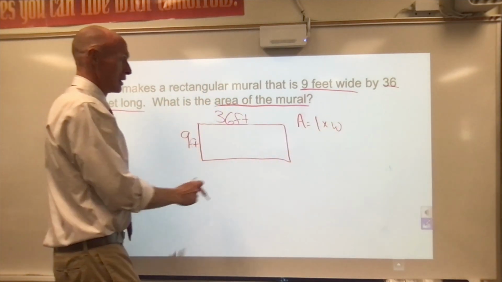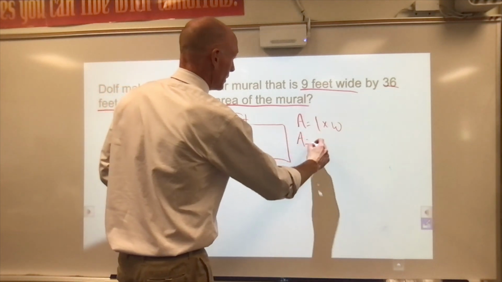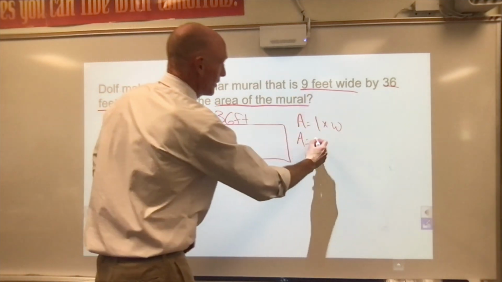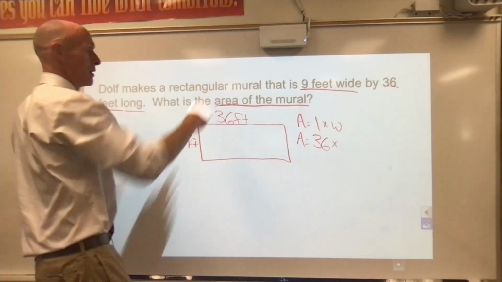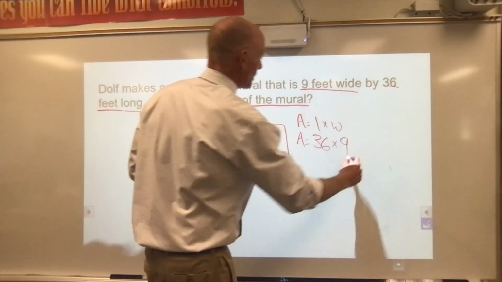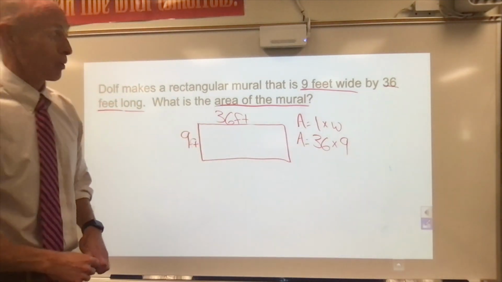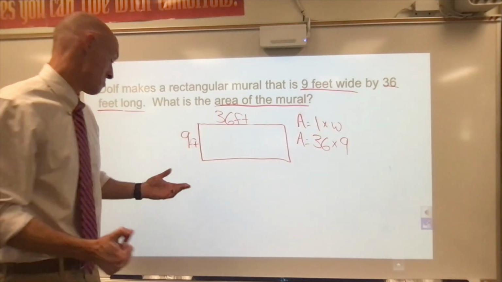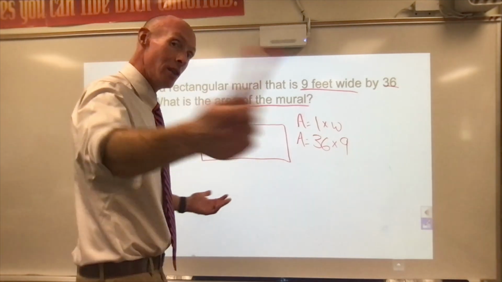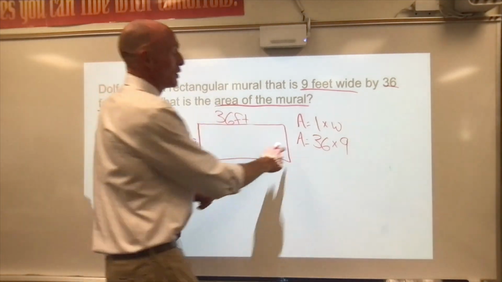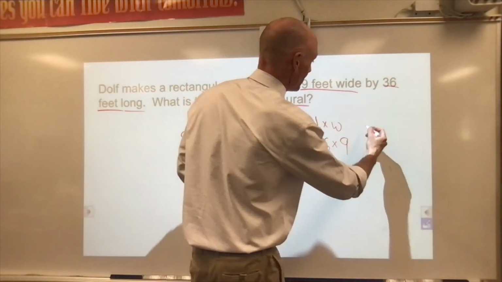Area is equal to, the length is 36 times the width is 9. Area is equal to 36 times 9. Let's break that down. I don't have another pen. I'm going to continue to use red if that's okay. 36 times 9.